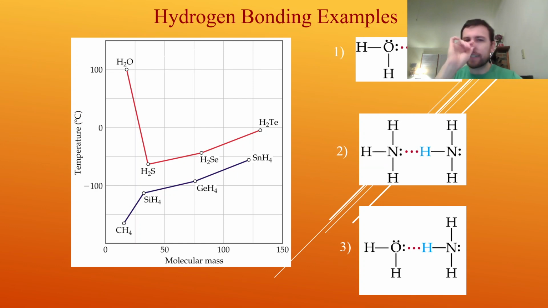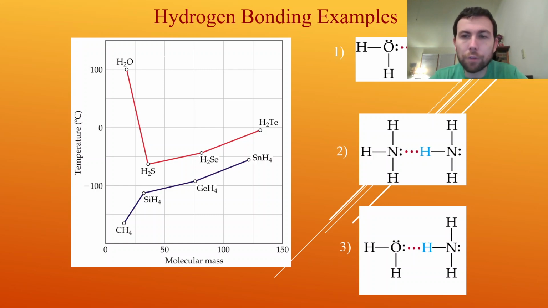All right, so here are our examples, 1, 2, and 3. Notice what we're showing in number 1 with the water molecules as they're interacting. The hydrogen from one water molecule is interacting with the lone pairs on the oxygen of the other water molecule. We can see that within ammonia as well.